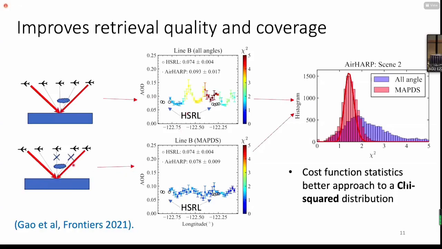But after we remove those angles impacted by cirrus cloud and use other angles for the retrieval, we can see those peaks are removed, and the values are better comparable with the lidar product. We can also look at the histogram of the cost function before and after the removal of cirrus cloud. After we remove the cirrus cloud, we can see the distribution is much better than before, which is also comparable to a chi-square distribution.